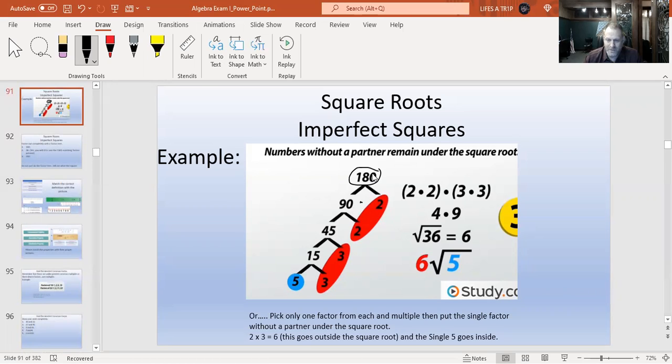Now we break down 90 the same way into the lowest possible number. 2 into 90 is 45, or 45 times 2 is 90. All right, 3 times 15 is 45, and 3 times 5 is 15.